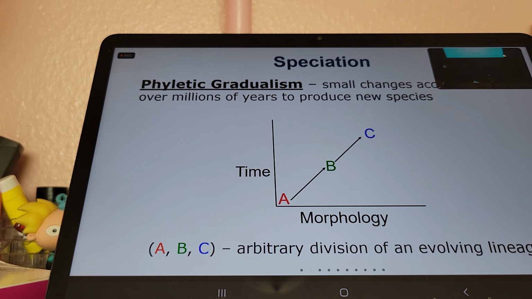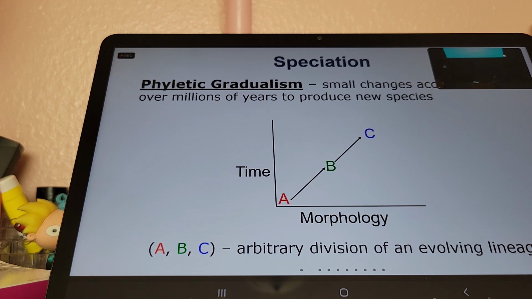But we run into the issue of each species being a somewhat arbitrary division. Where does species A stop being A and start being B? When does B stop being B and start being C? Exactly where does that speciation event occur?